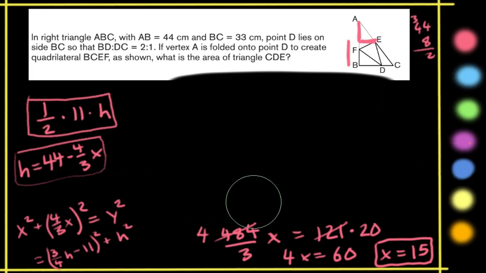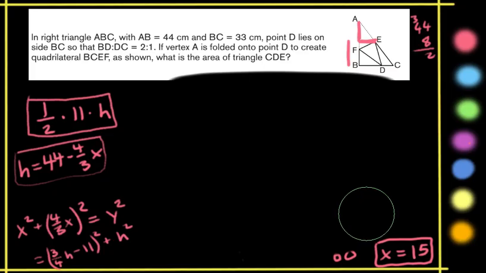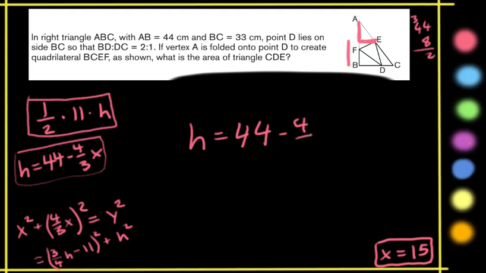Good. So now that we have x, we can plug it in and find h, and then we can plug it in and find the area. And then we're almost done. So h is going to be 44 minus 4/3 of 15. So that'll be 44 minus 20, which will be 24. And now we've got 1/2 of 11 times 20.